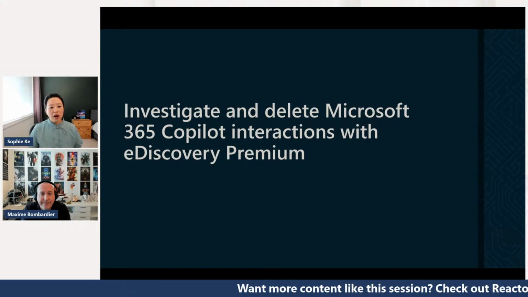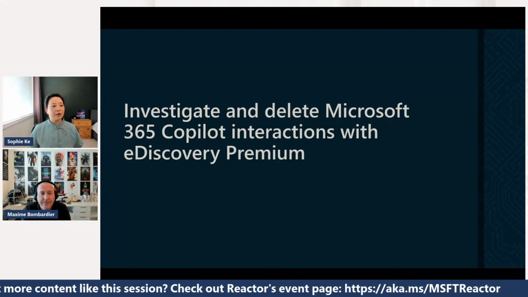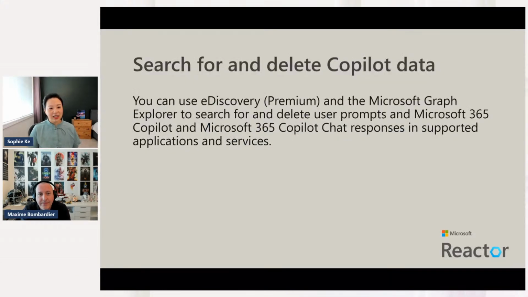Right. So one way to investigate and delete that content is through eDiscovery Premium. So let's take a look here. That'll give us a bit of a more complete experience on what you're searching for, rather than the backbone, which is audit. Everything is built on top of that, as we get more interactive sessions to find back what you need.